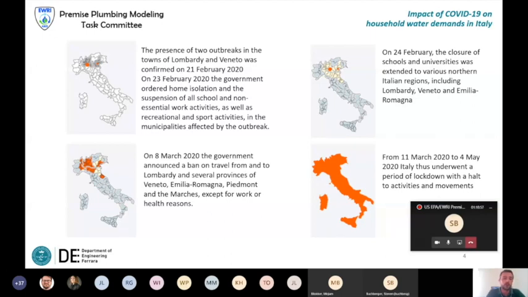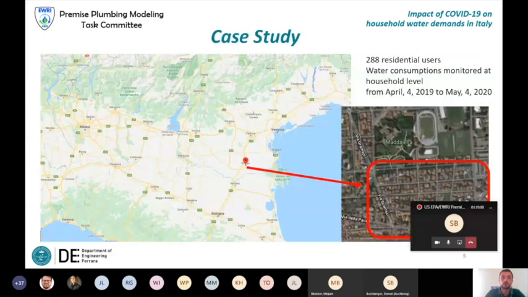Similar situations were observed in several other countries, and in particular, we were already monitoring water consumption at household level by using smart meters installed at the inlet point of each house in a small residential district in Rovigo. That is a small town in Veneto, very near to Venice, and it is definitely one of the first regions seriously hit by the pandemic.